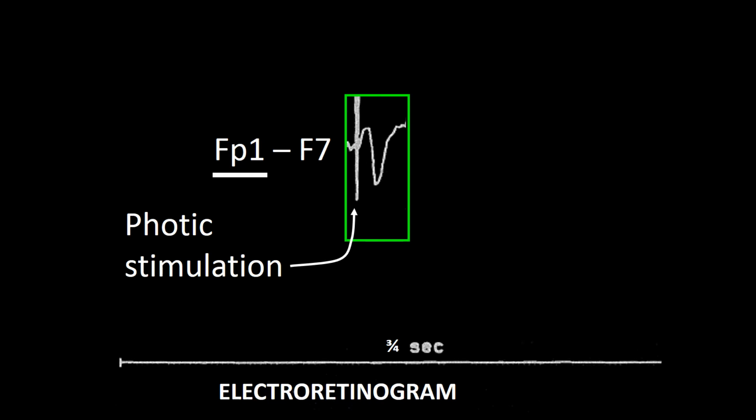As you can see, photic stimulation is followed by a brief negative wave, usually not appreciated at fast recording speeds. This wave occurs at about 10 to 15 milliseconds after the photic stimulation.